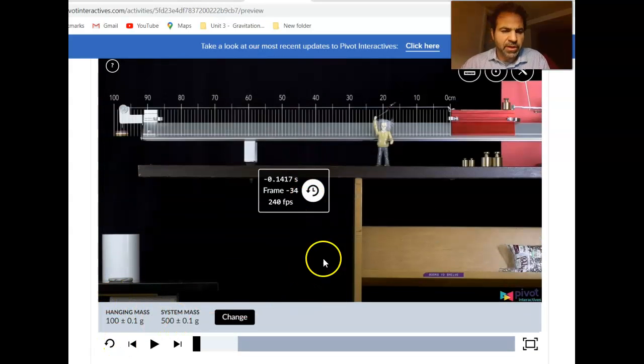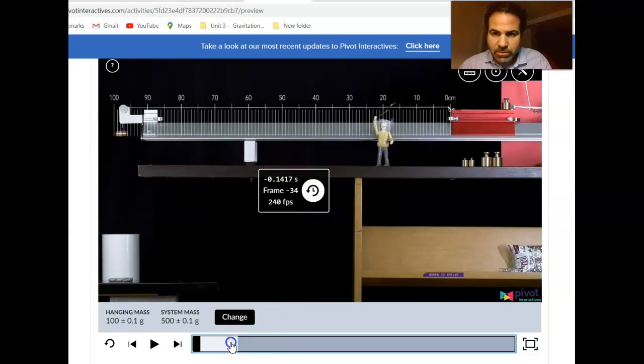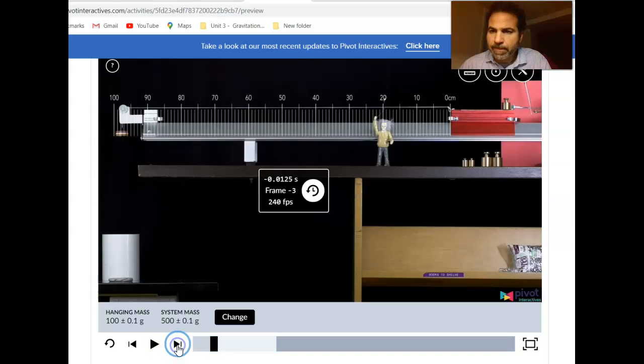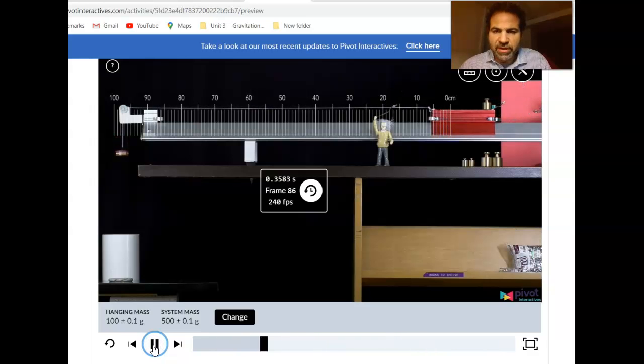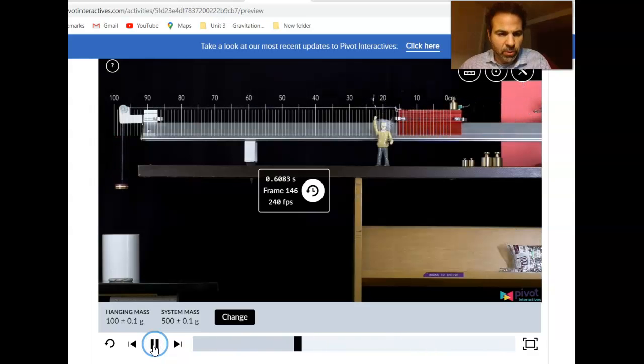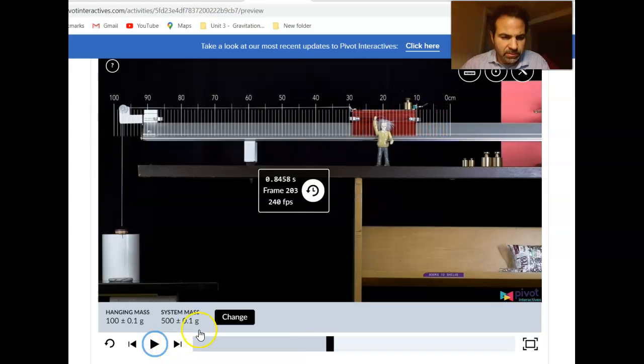Now the hanging mass is 100 grams, and the mass on the track is 400 grams. So let's see if we can figure out where it got cut. All right, reset. Press play. Now, if you have any data points that don't look good, you can always go back.